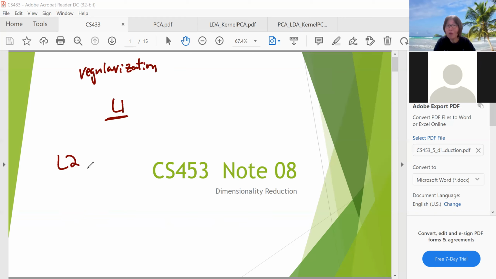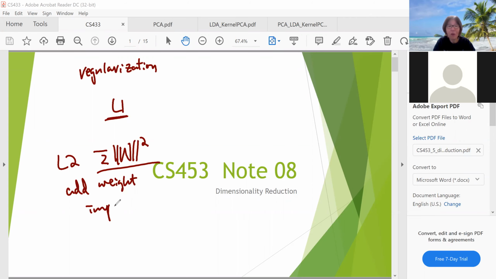But remember, L2 regularization is you're going to add weight impact manually. So basically here is a bias. But if you recall with L1, we can reduce features, so dimension reduction.